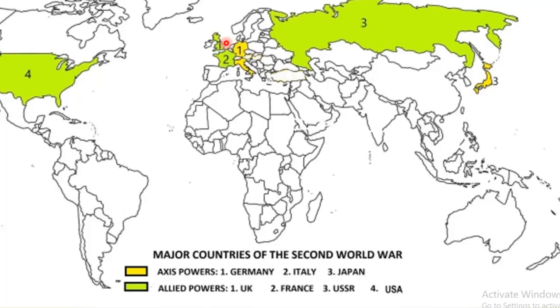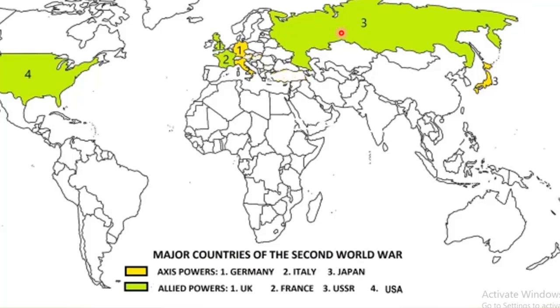So UK is here, just above France. This is UK or England. Then France just below, number 2. Then USSR, you have to go towards the eastern side, the right side, the huge region of the land mass.